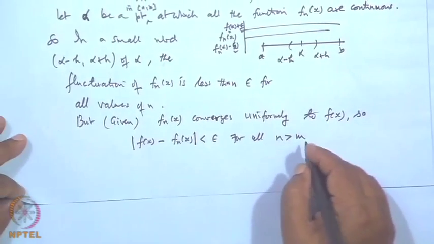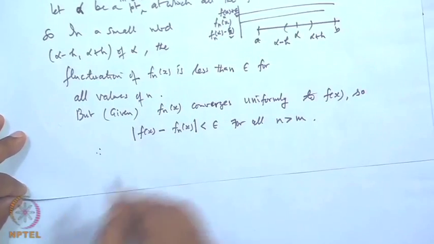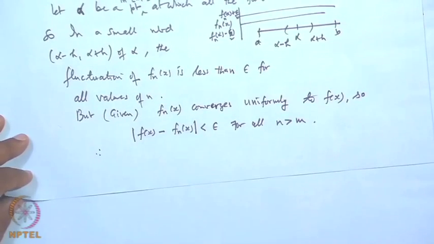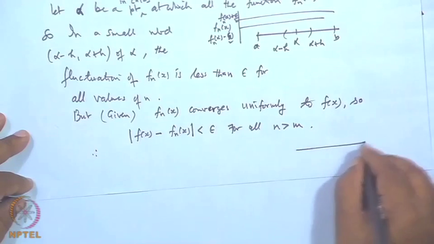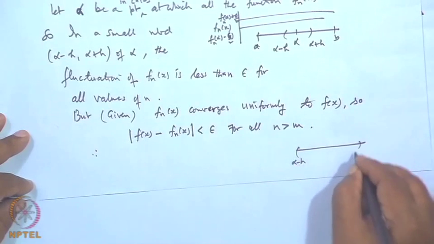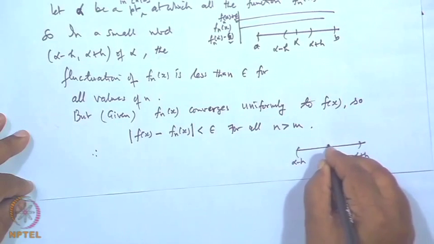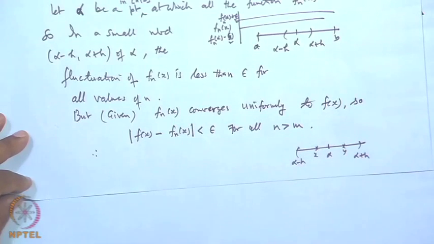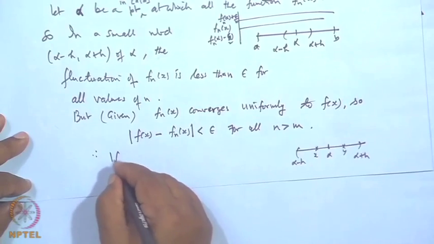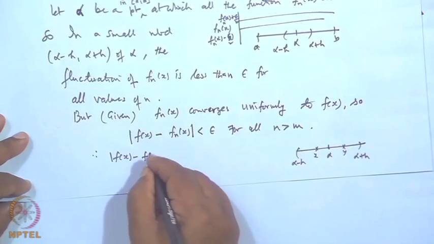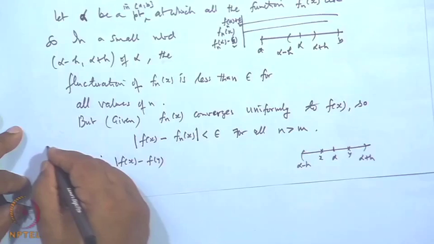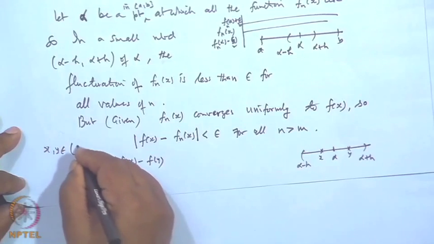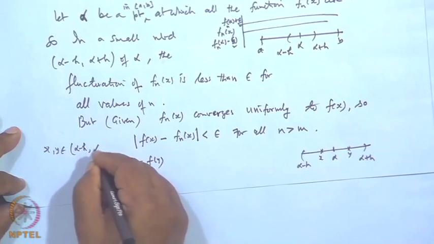Okay, therefore, the fluctuation of f x: if we take this interval alpha minus h, alpha plus h, and here is alpha, suppose I take points x and y, both belonging to the interval alpha minus h, alpha plus h.